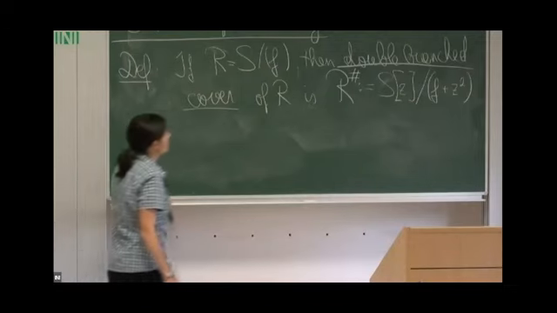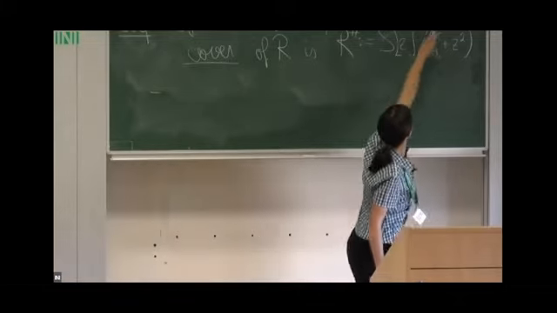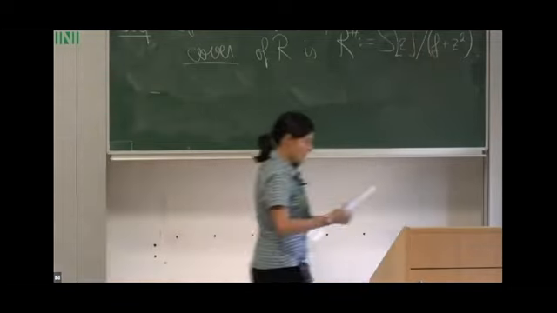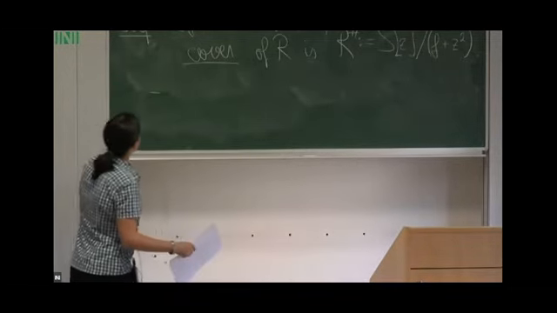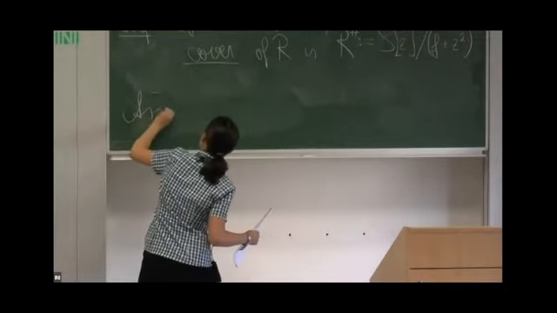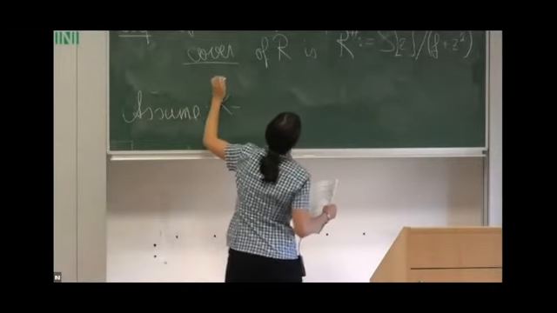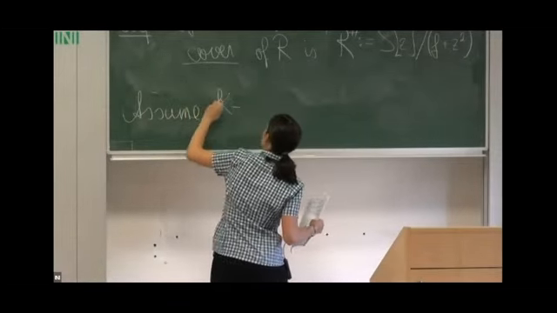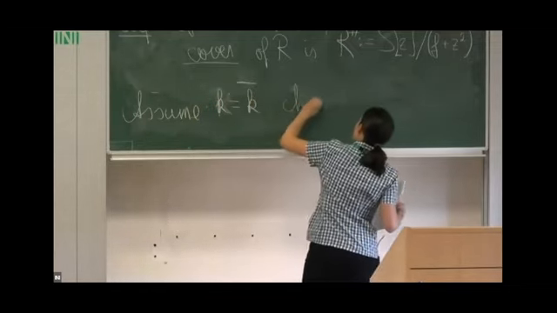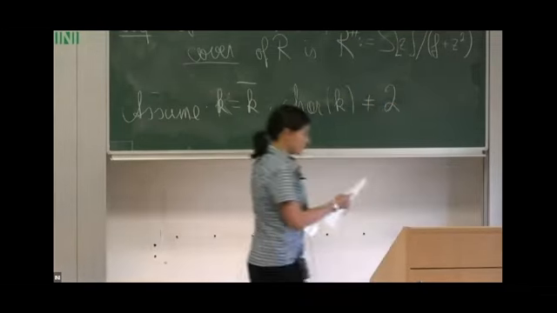Geometrically, you see that the spectrum of this is ramified over the variety defined by F. And in order to make all of this work, we also assume that k, I always write little k, is algebraically closed, and the characteristic of k is not equal to 2.